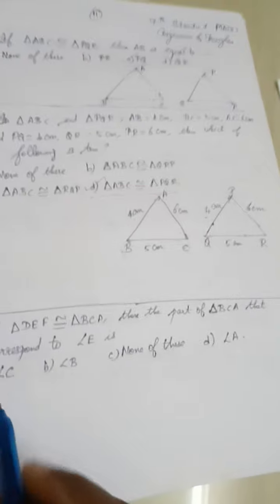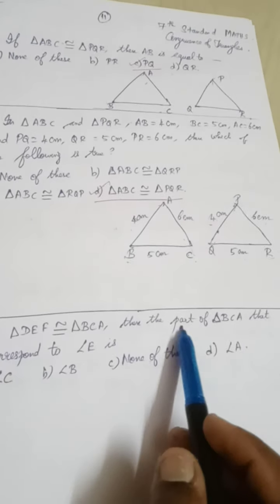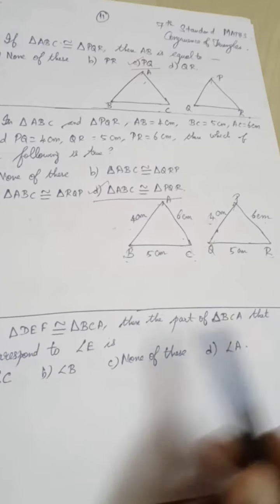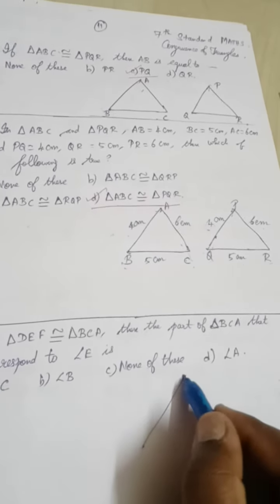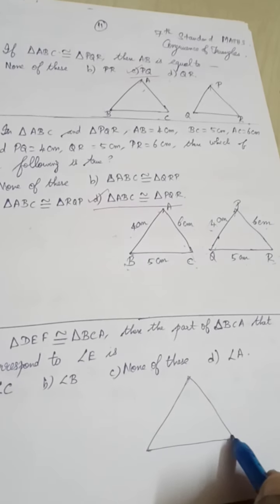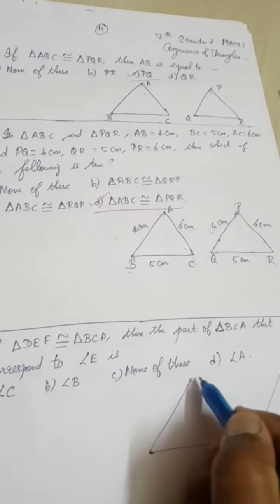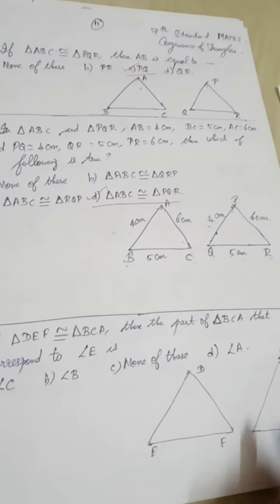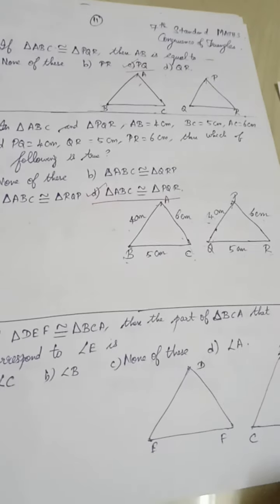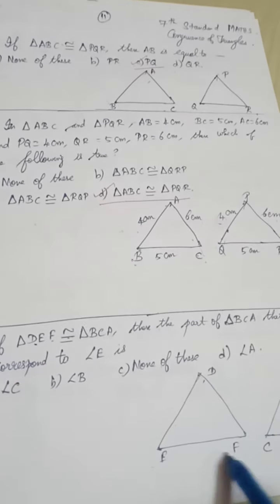Then triangle DEF is congruent to triangle BCA. Then the part of triangle BCA that corresponds to angle E is what? D, E, F; B, C, A. That is triangle DEF congruent to triangle BCA.